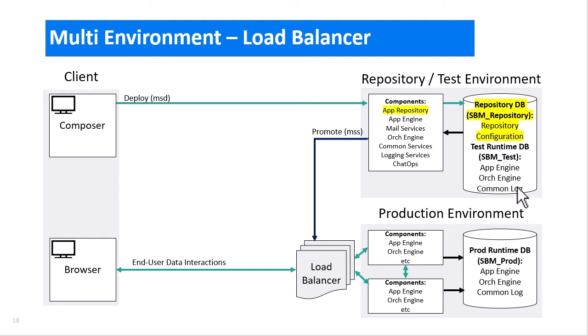The production environment, which we will also be setting up, is going to have 2 SBM servers, one here and one here, with a load balancer in front, and it will also have one database server. This time it will have one database called SBM prod.